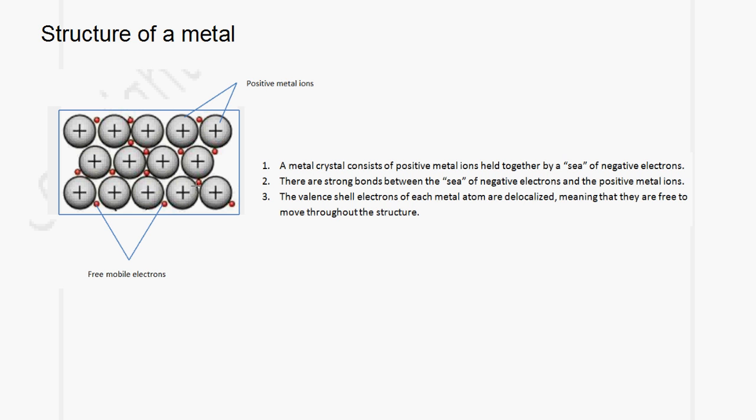So if you look at this diagram, let's say we use sodium as an example. Sodium will produce sodium ions plus one electron.